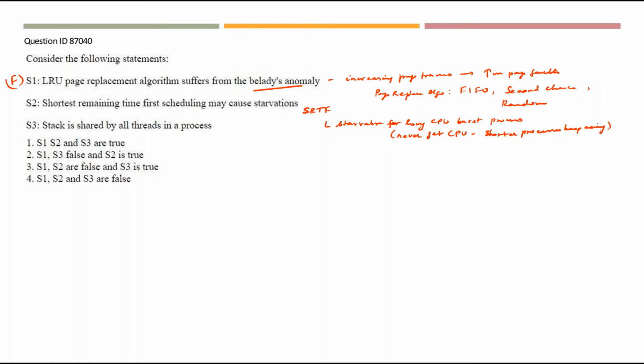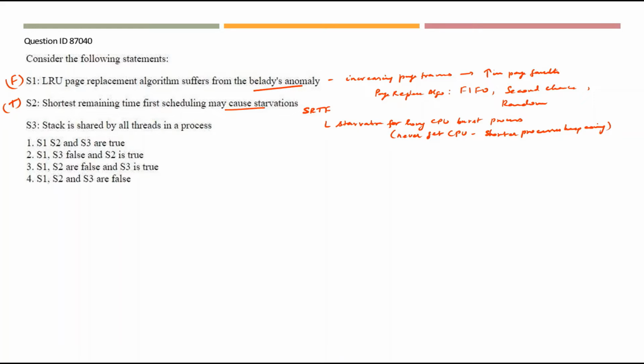The algorithm says shortest remaining time first, so whenever a shorter process comes, those processes get the CPU again and again. Because of this, a longer burst time process will never get the CPU. When such a situation exists, we can say it suffers from starvation. The S2 statement is true. The words "may cause" denote that the longer process will be suffering.